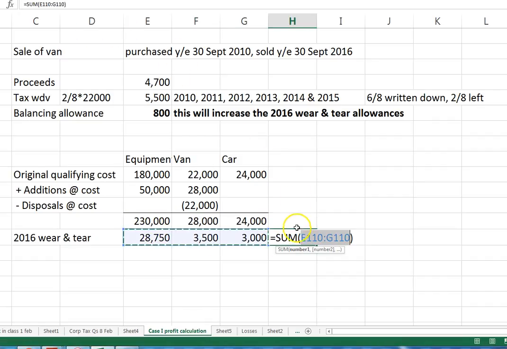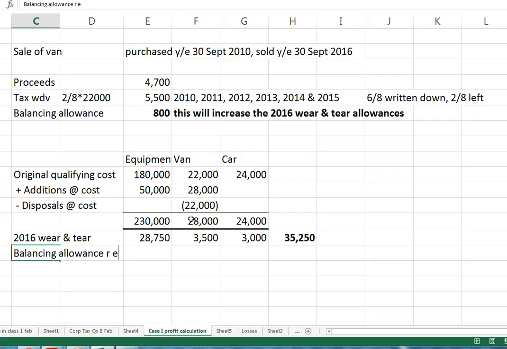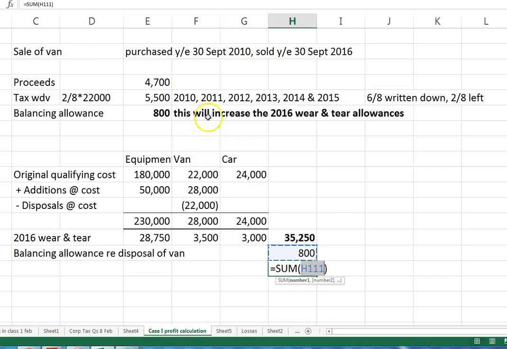And so the total wear and tear for the year is 35,250, which is the sum of those three. 35,250, and then we go plus the balancing allowance on disposal of van, €800. So the total capital allowances for 2016 is 36,050.